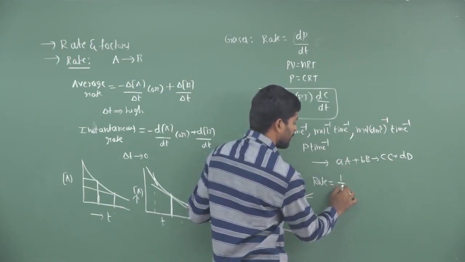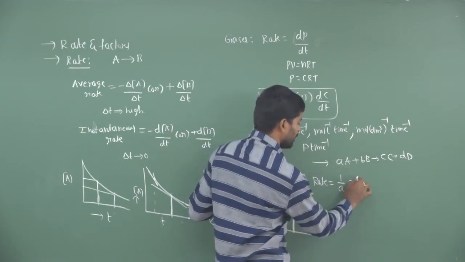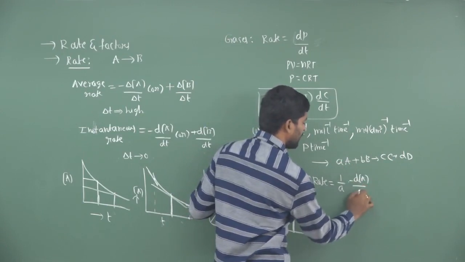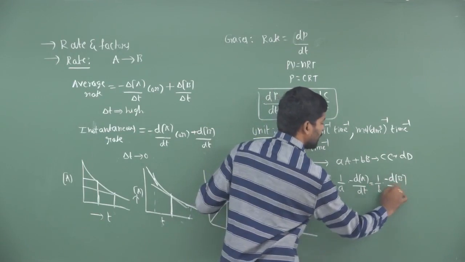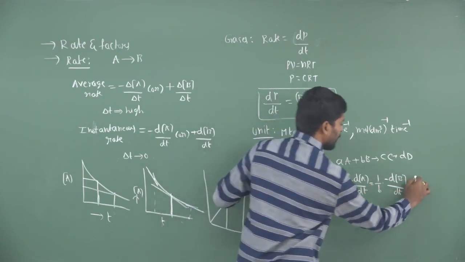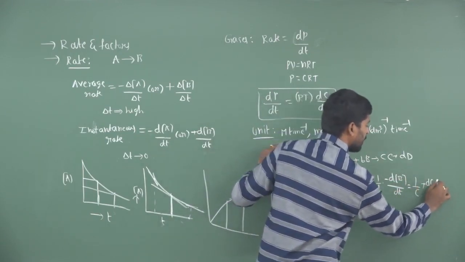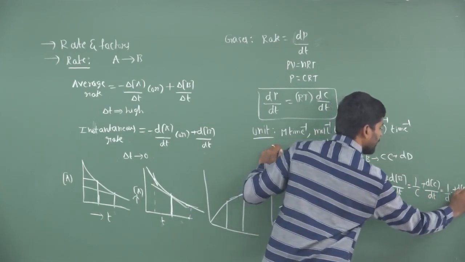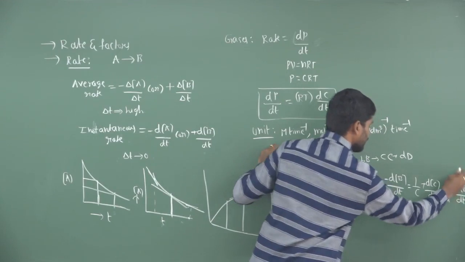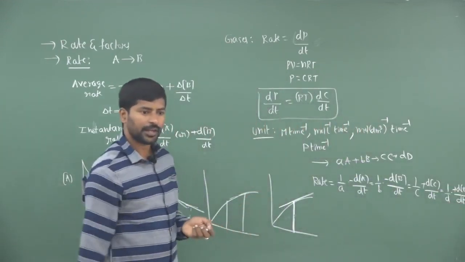We have to write the stoichiometric coefficients in the denominator: 1 by a minus dA by dt, 1 by b minus dB by dt, 1 by c plus dC by dt and 1 by d plus dD by dt. So that is the rate.